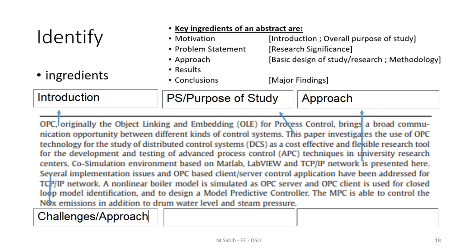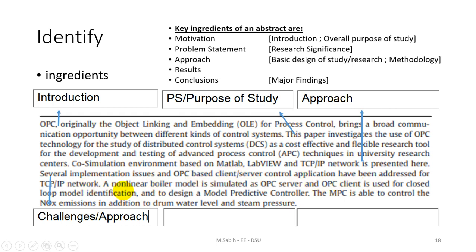If you don't write this, nobody knows. When some challenging new thing is mentioned in an abstract, it has a real meaning of challenge. Several implementation issues and OPC based client server control application have been addressed for the TCP network.